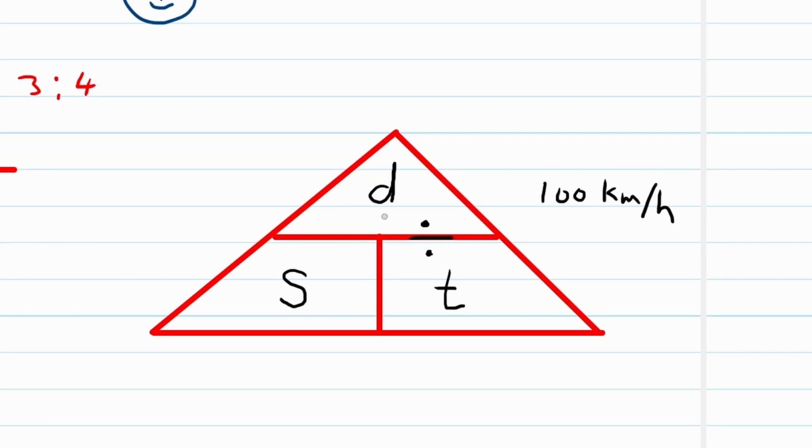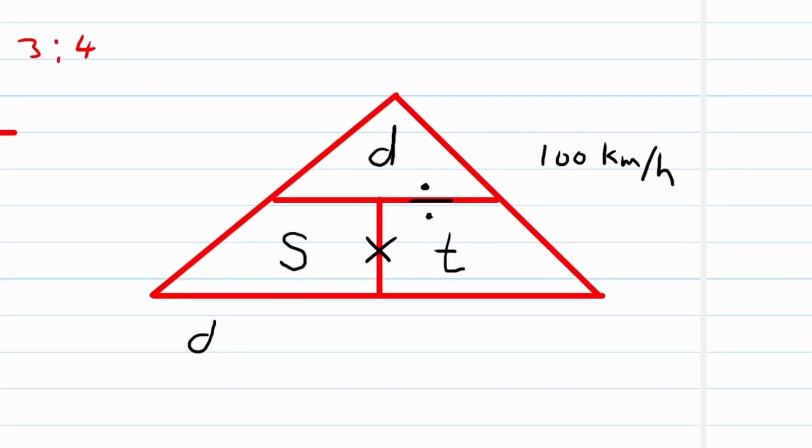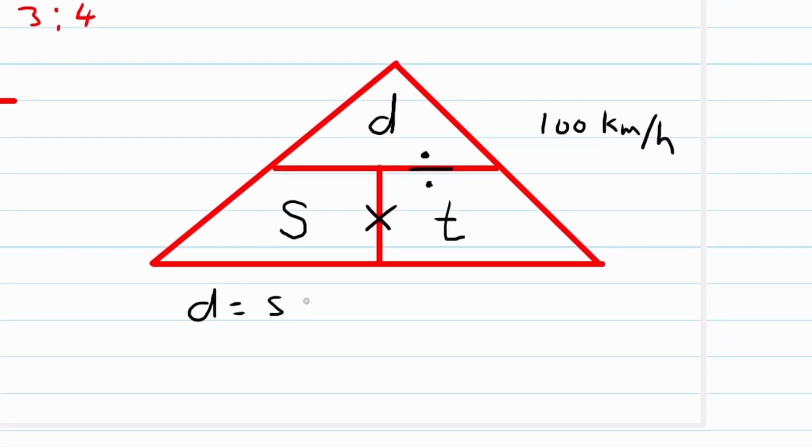Now, we can also calculate the distance if we know that, in this case, you took an hour to get to the town and your speed was 100 kilometers an hour. Then the distance will be equal to the speed times the amount of time.